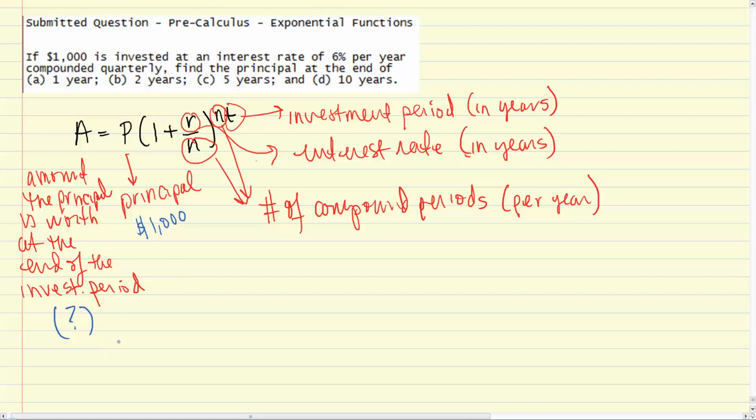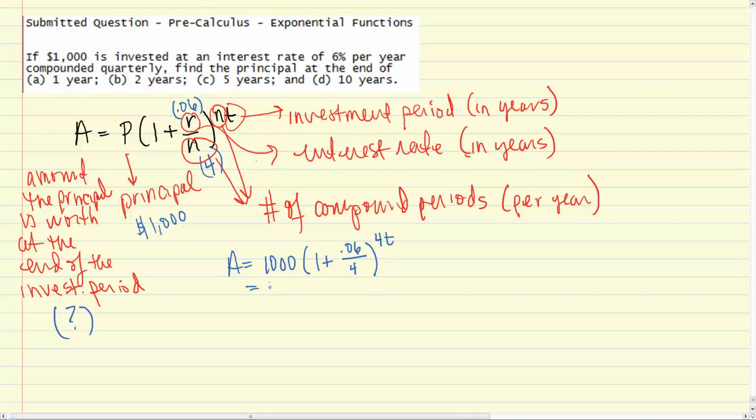So with that taken care of, we have $1,000 as the principal that we're depositing. The amount is what we're after in each of these four scenarios, which depends on t, and then the interest rate is 0.06, and n is 4. So we can go ahead and write out what we have so far. A equals 1,000 times (1 plus 0.06 over 4) to the 4t.